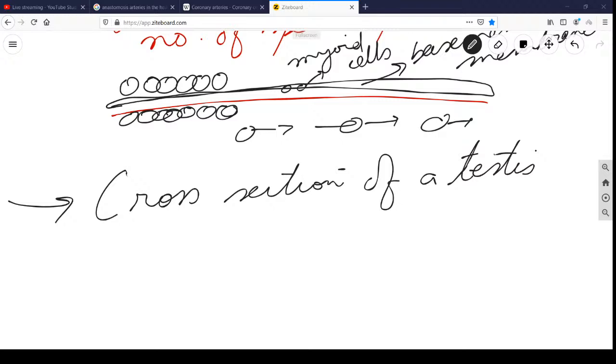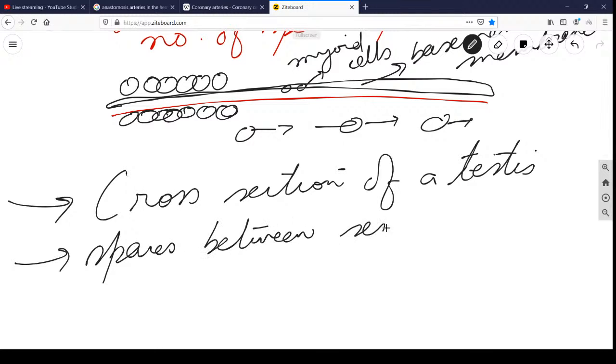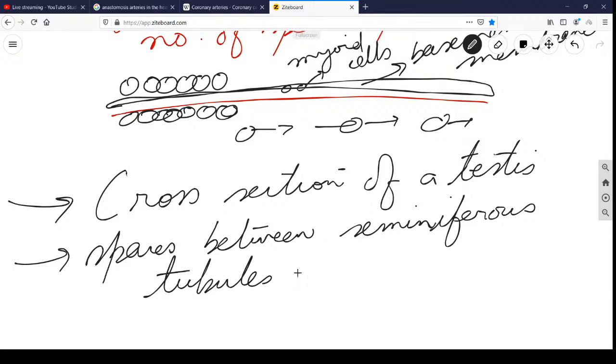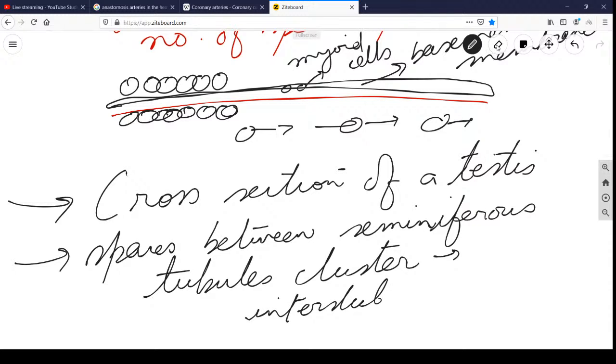The spaces between the clusters of seminiferous tubules are known as interstitial spaces.